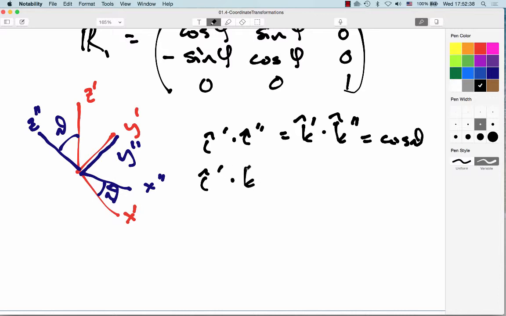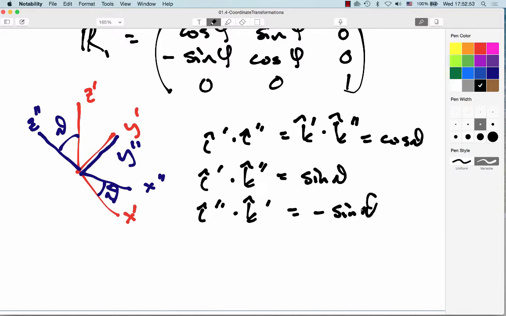I prime dot k double prime will be the sine of theta. And lastly, I double prime dot k prime turns out to be minus the sine of theta. And then my j prime dot j double prime is unity.